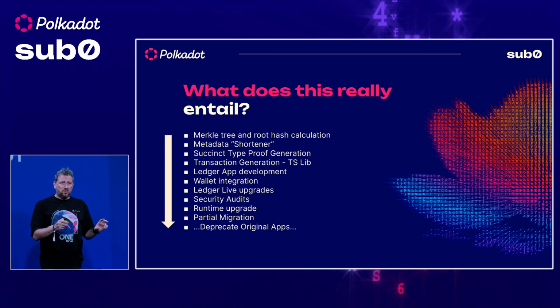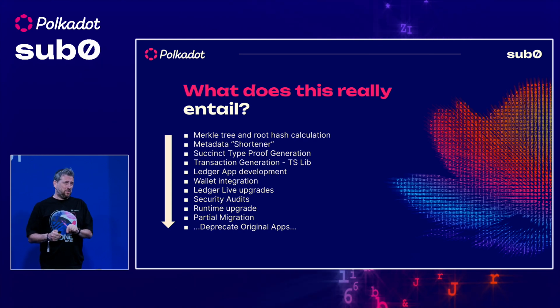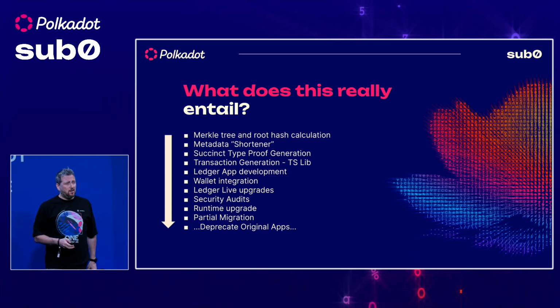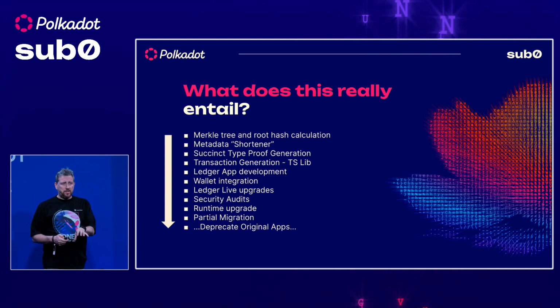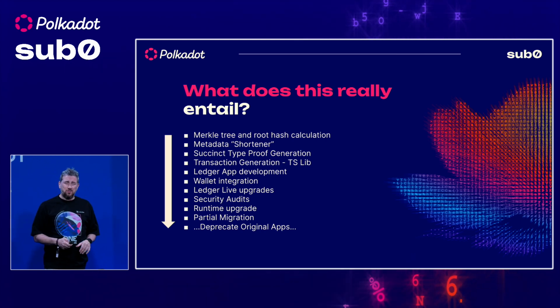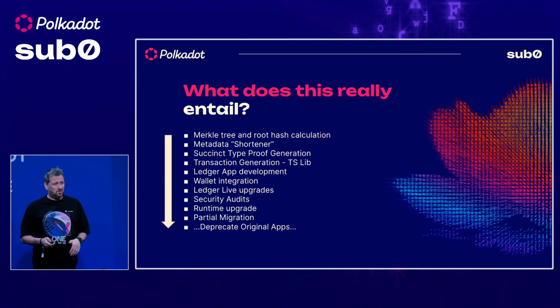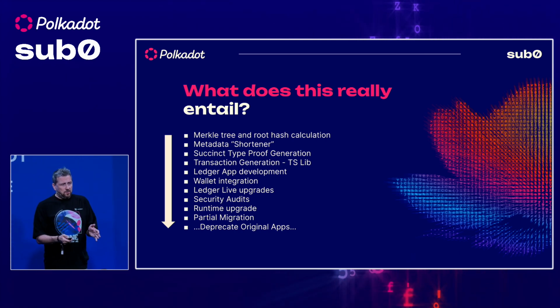And choosing the pieces of the type system that are relevant for each transaction means that we need to create a library for that. There is a part of proof generation, and there have been discussions on libraries, where you need TypeScript or WebAssembly for different wallets in the ecosystem, and the Ledger app development.